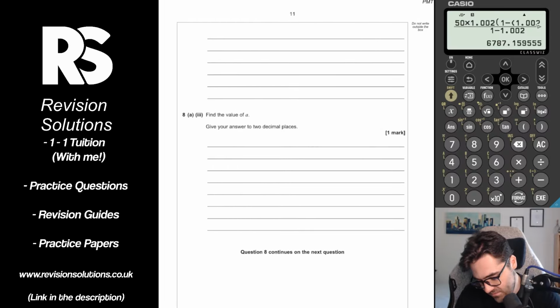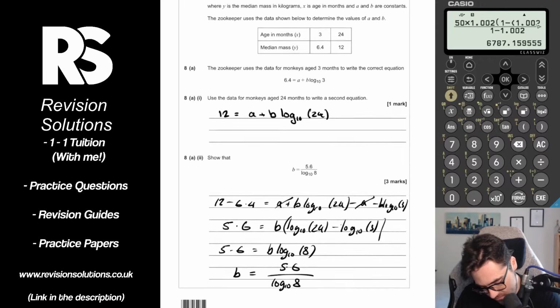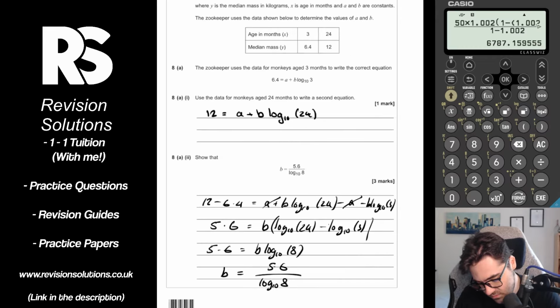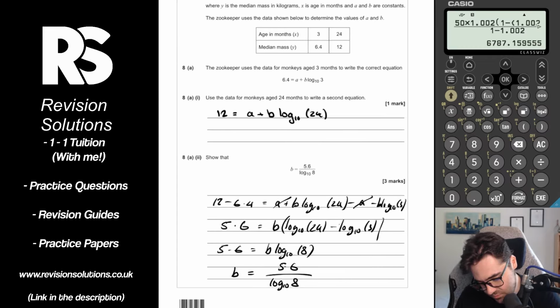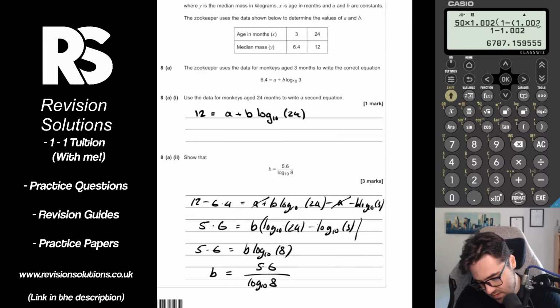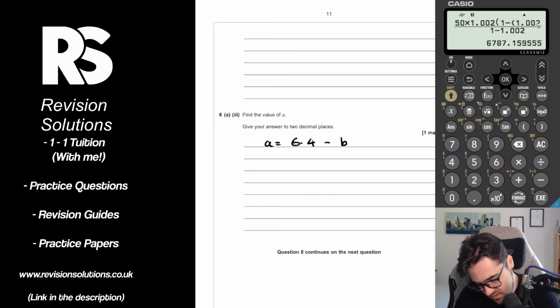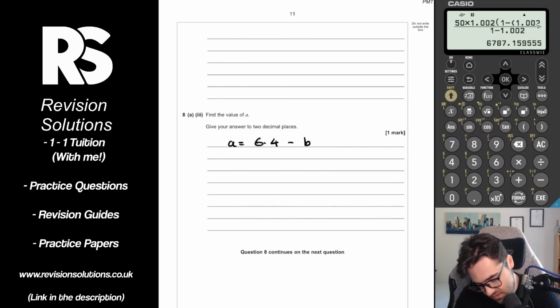Then it says, find the value of A, give your answer to two decimal places. Well, we have our value of B. To get A, we can just simply go back and rearrange. So if I use the first equation, the 6.4, then we would get A is 6.4 minus B times log base 10 of 3.